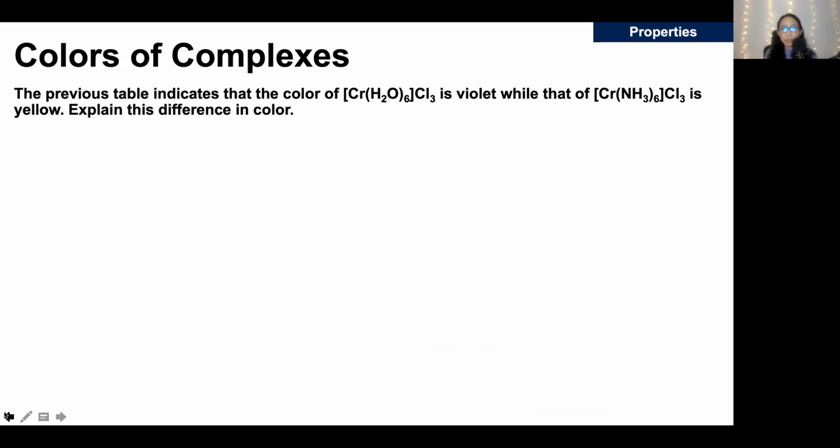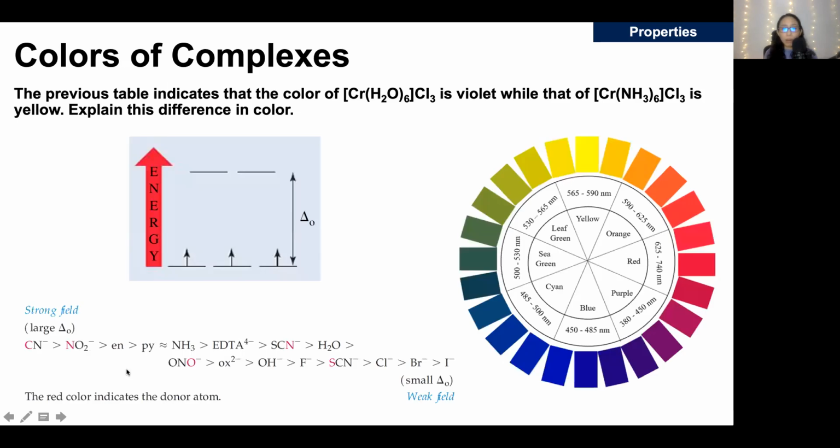In the previous table, it indicates that the color of hexaaquachromium(III) chloride is violet, while that of hexaamminechromium(III) chloride is yellow. Explain this difference in color. From our spectrochemical series, ammonia is higher than water, so ammonia is relatively a strong field ligand compared to water.